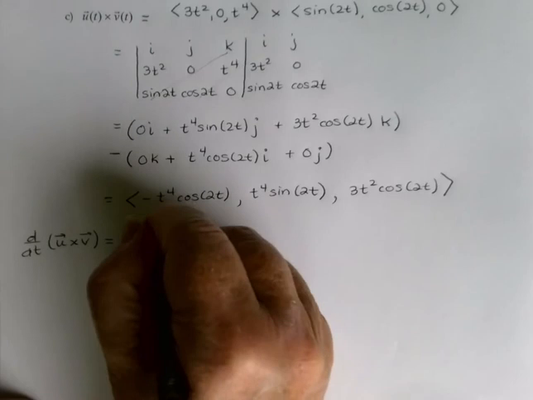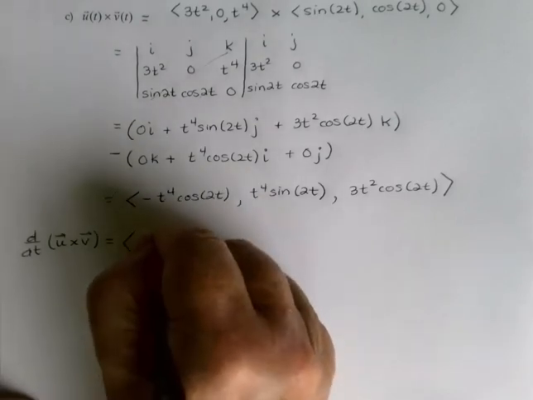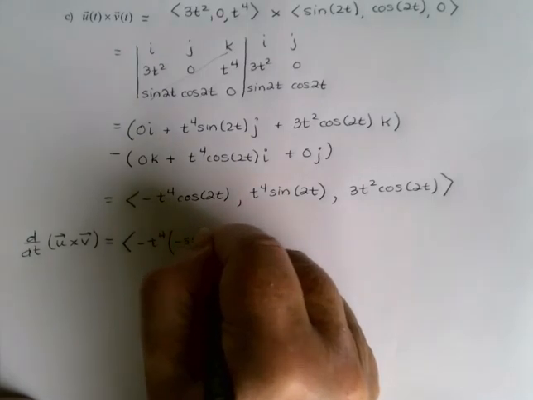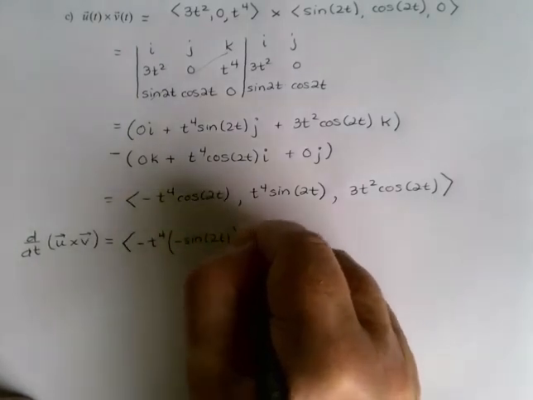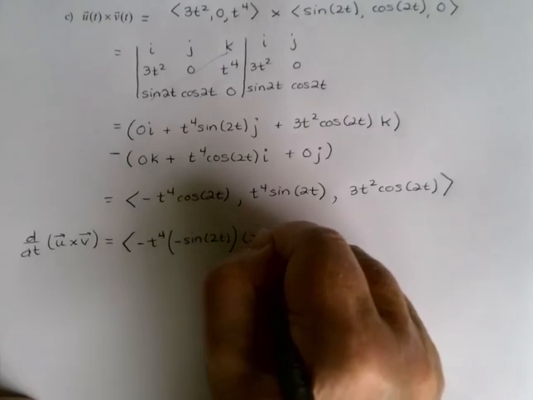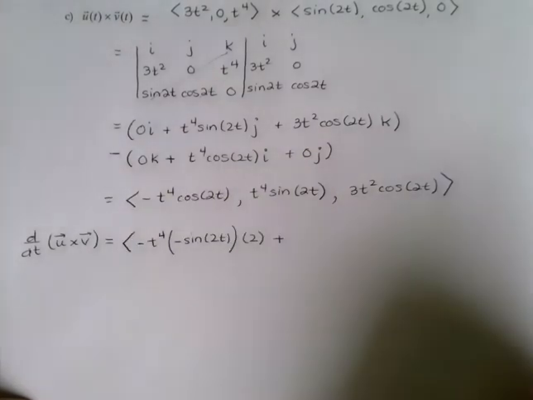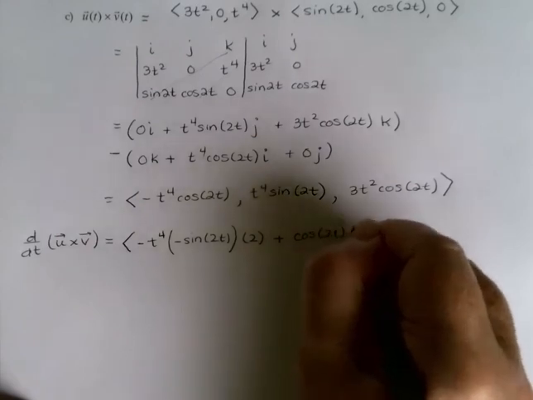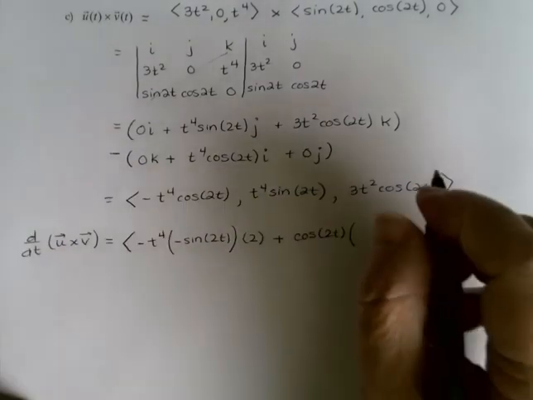So let's see here. First component, negative t to the fourth times negative sine 2t times 2 plus cosine 2t times negative 4t cubed.